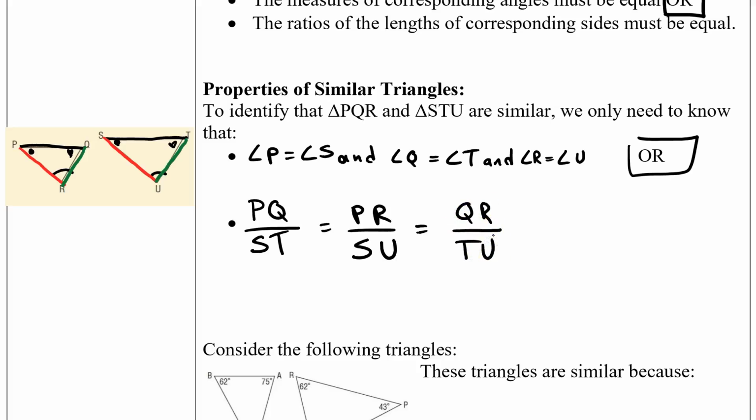And it doesn't matter, we can put the STU triangle on top and the PQR triangle on the bottom as long as we're consistent. So that's awesome. That like cuts our work down in half.